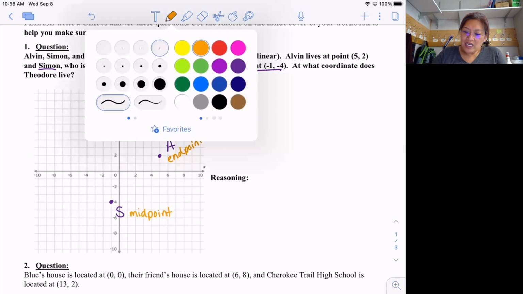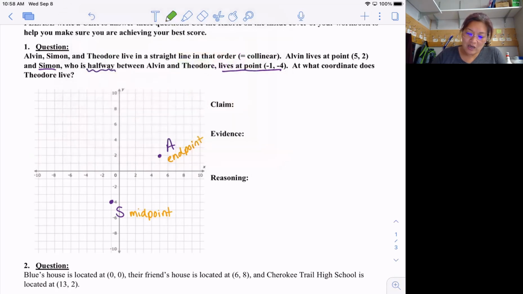So the way I solved this is I went down 1, 2, 3, 4, 5, 6. So I went down 6 points, and then I went over 1, 2, 3, 4, 5, 6 to the left. So if I'm going to find the second endpoint, I'm going to do this the same way. I'm going to go down 6, and then I'm going to go left 6.